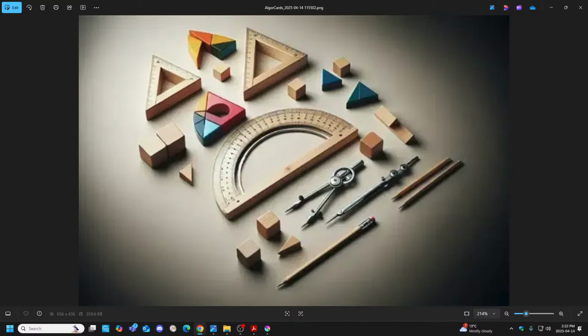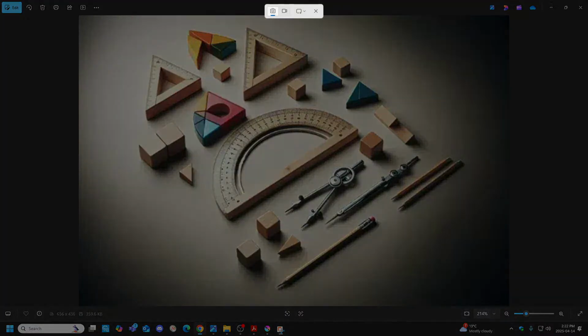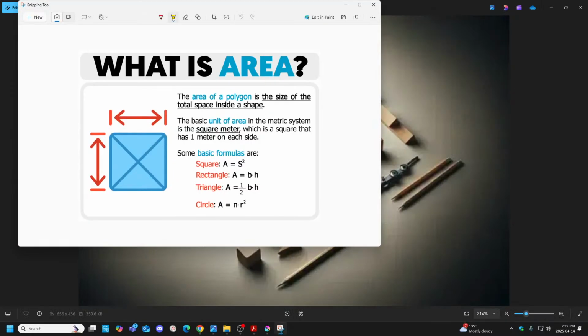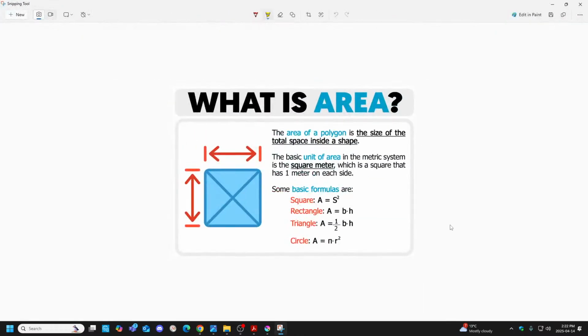I think I could maybe bring up this image. Let's see. I'm going to do a snipping tool here quickly. Okay, there we go. So I'm going to close this. This is the image I have right now. What is area?